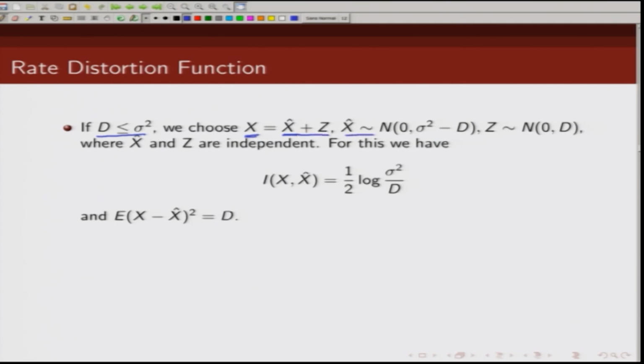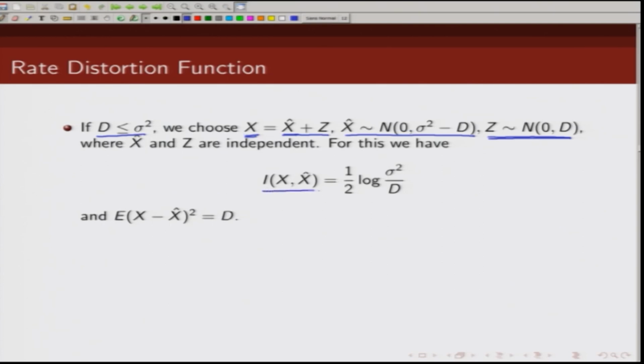X hat is Gaussian distributed with 0 mean and variance sigma square minus d. What is z? Z is Gaussian distributed with 0 mean and variance d, and x is Gaussian distributed with mean 0 and variance sigma square.